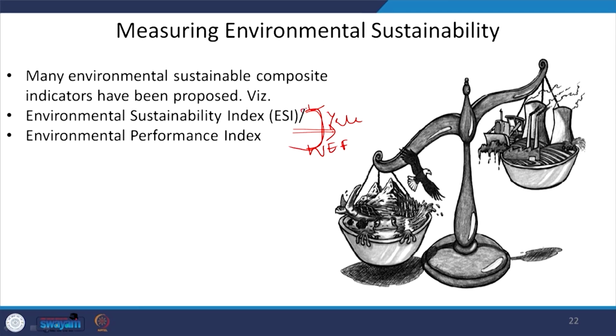Between these two, we will be discussing the second one, the Environmental Performance Index, as one of the indicators for environmental sustainability. We will be discussing it in detail in the next class.